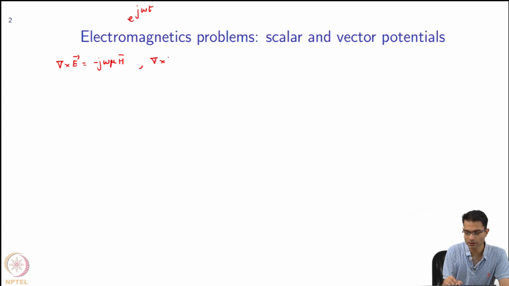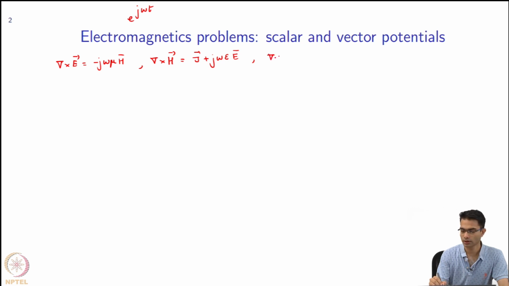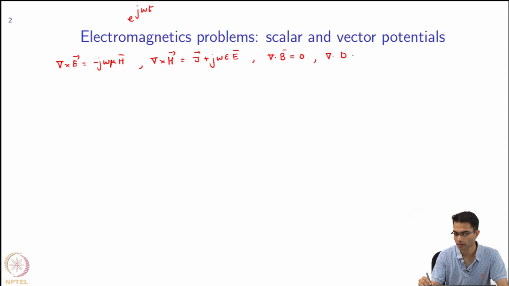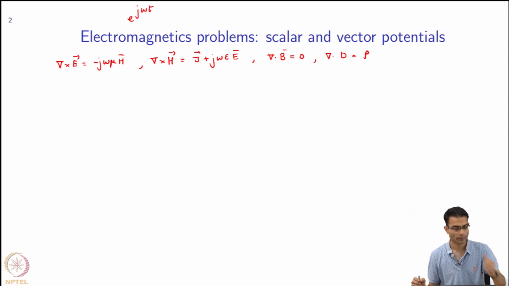Next equation is curl of H is J plus j omega epsilon E, right. Third equation is del dot B is equal to 0 and then del dot D is equal to rho.